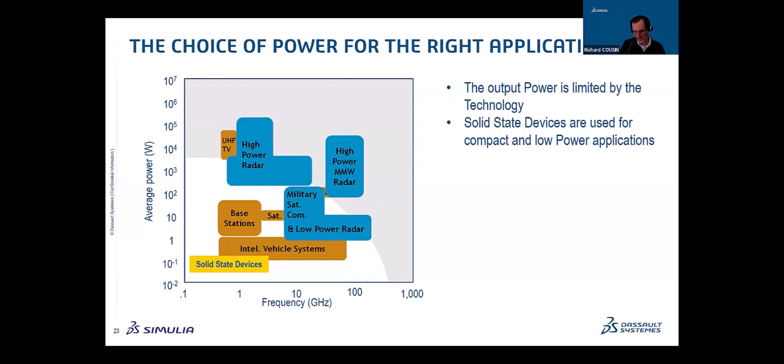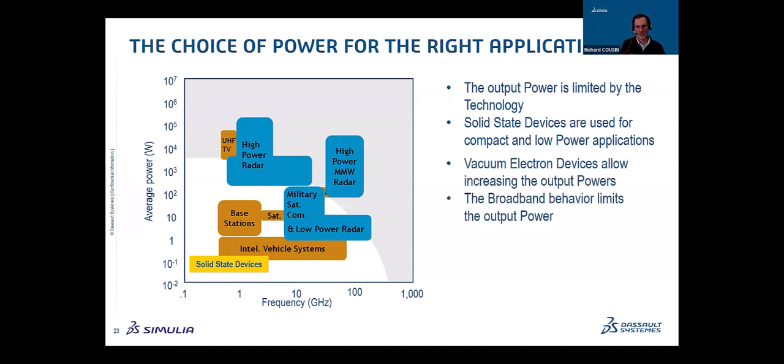But then if they are going to interact on frequencies which are larger, so that means it's not a single frequency, but they are going to interact on a frequency range which is defined, then in this case, you see that the power will be limited because the power is distributed over all this frequency range. So vacuum electron devices allow increasing the output power, and the broadband behavior limits the output power.